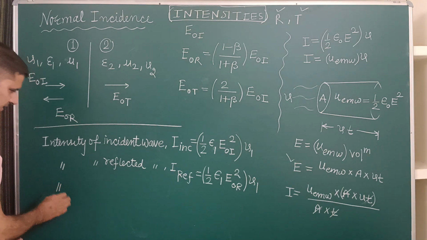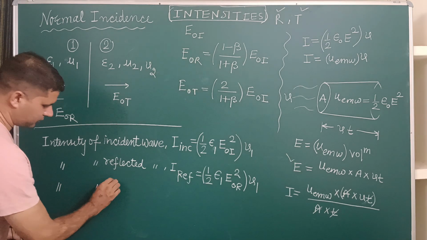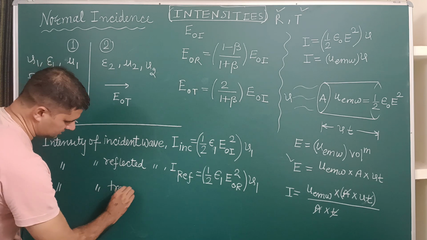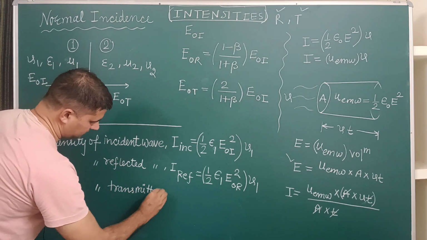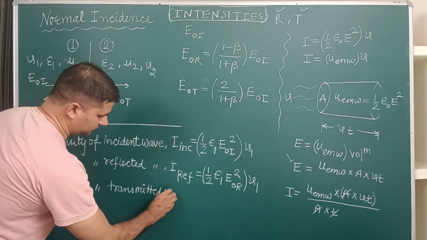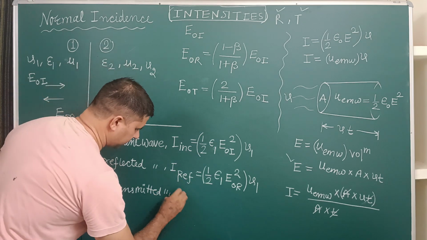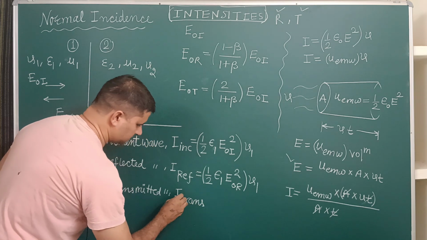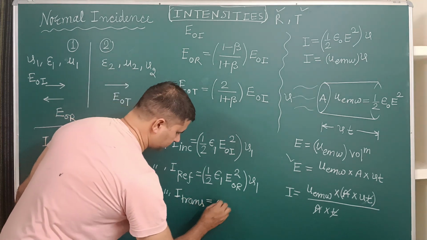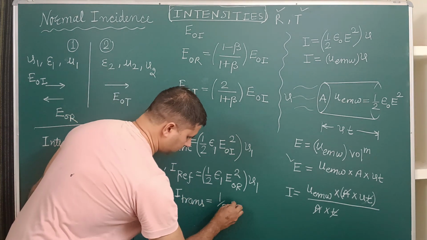Now I will find the intensity of transmitted signal wave. So I will write it I transmitted. This will be equal to 1 by 2.